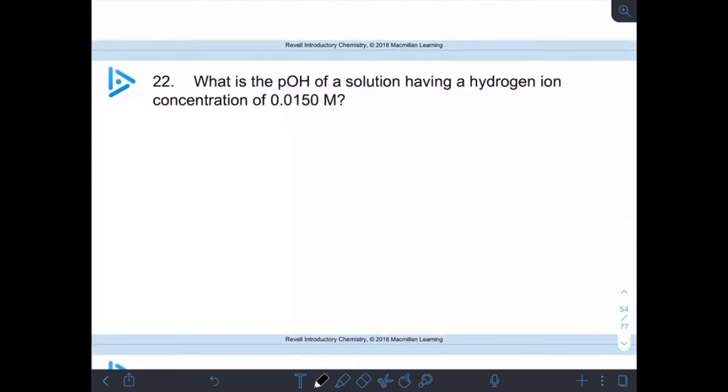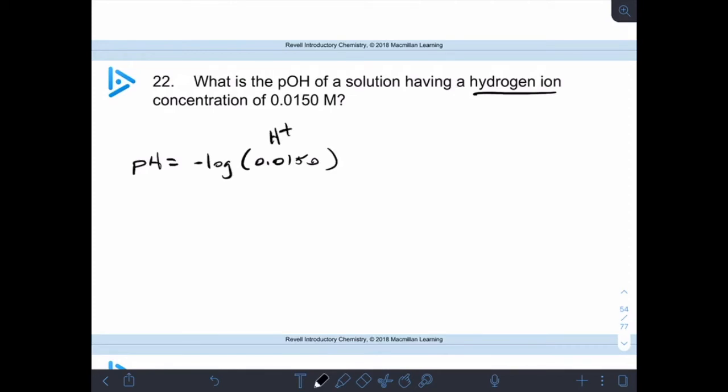All right, what is the pOH of a solution having a hydrogen ion concentration of 0.15? So in order to find the pOH, I need to know the pH, right? And I have the hydrogen ion concentration here. So pH is negative log of 0.0150.